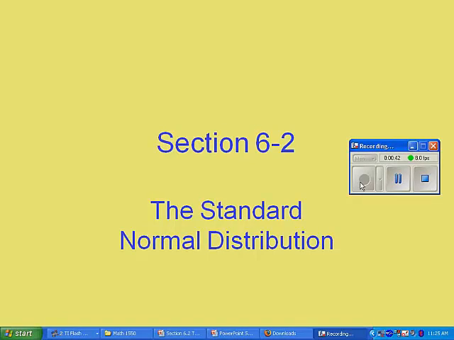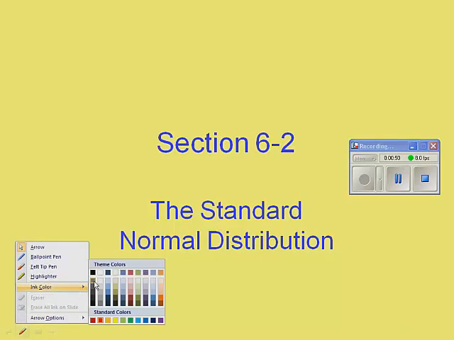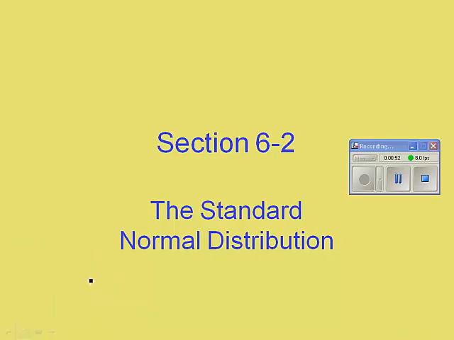The standard normal distribution. Okay? Now, other than the word "the," which of these words up here do you guys understand? We talked about a distribution, right? We've talked about lots of kinds of distribution.